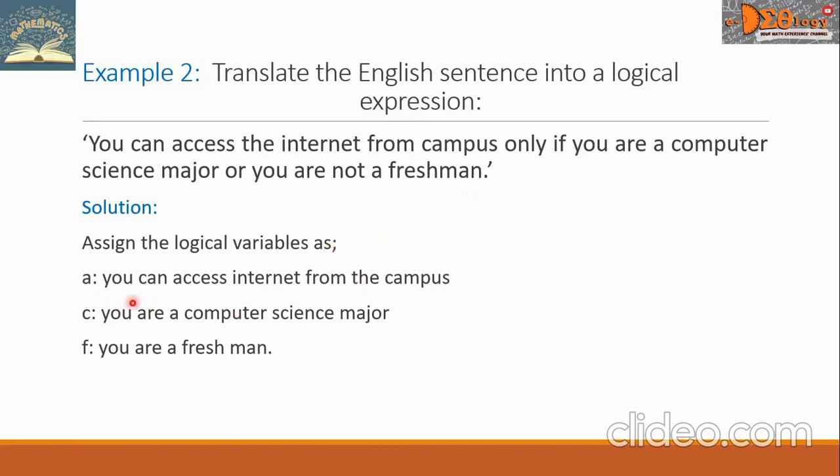Proposition A, you can access the internet from the campus. Proposition C, you are a computer science major. Proposition F, you are a freshman. The answer is the compound proposition C or not F implies A. This is the final answer.